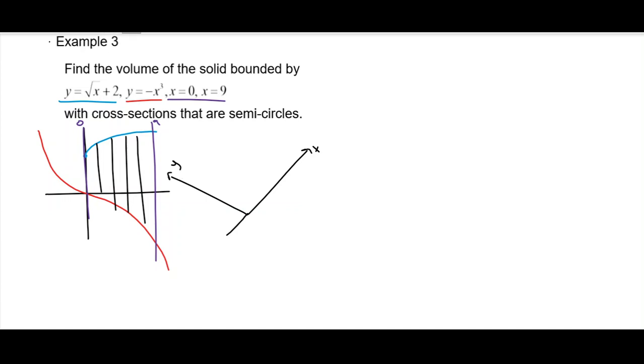So our square root of x plus 2 function would look something like this, going that way, and our negative x cubed will probably look something like that. And then we have our x equals 0 and x equals 9.